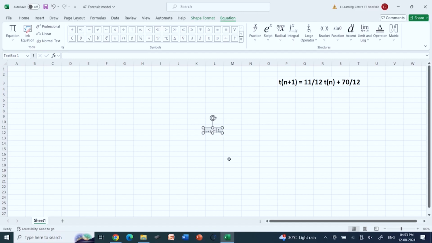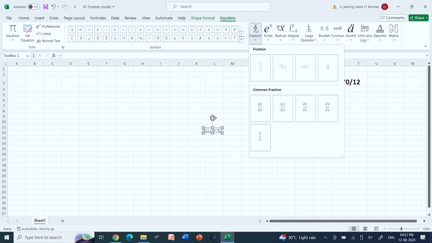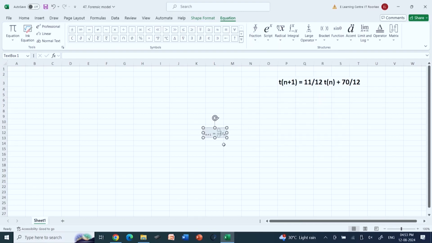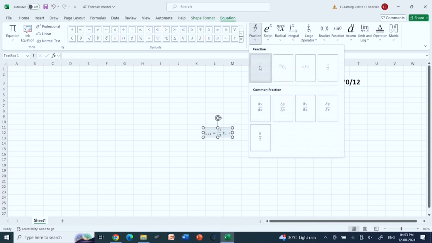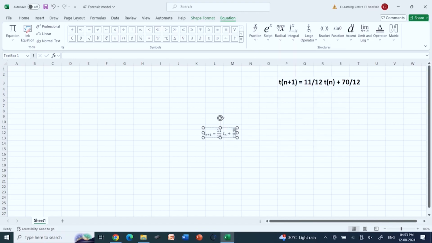If you need a fraction, you have to go here, fraction, and click this. This will give 11 divided by 12 plus another fraction which is 70 divided by 12.